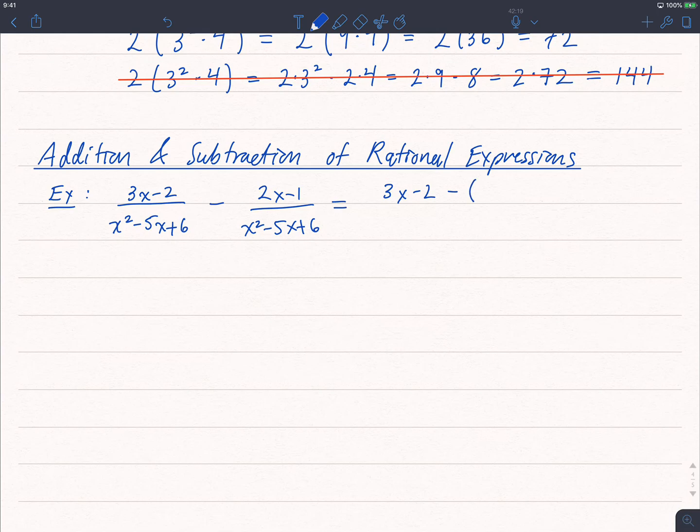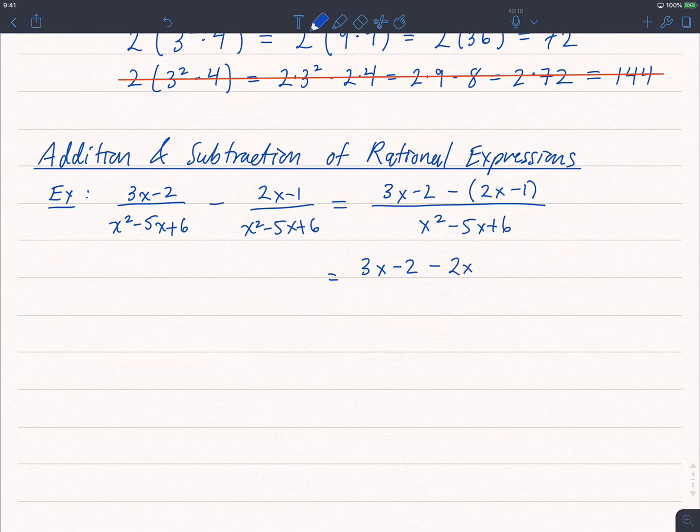numerators over the denominator. So this is 3x minus 2 minus quantity. This is important. The parentheses here are very important. 2x minus 1 all over x squared minus 5x plus 6. And so we have 3x minus 2 minus, so I'm going to distribute the negative 1 out front of 2x minus 1 to both the 2x and the negative 1.